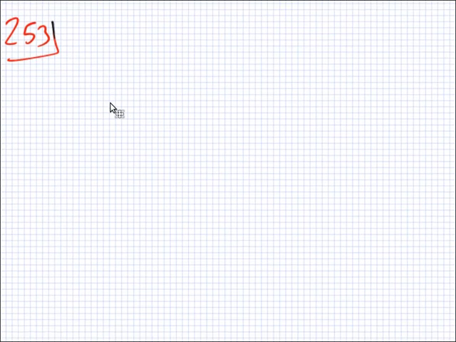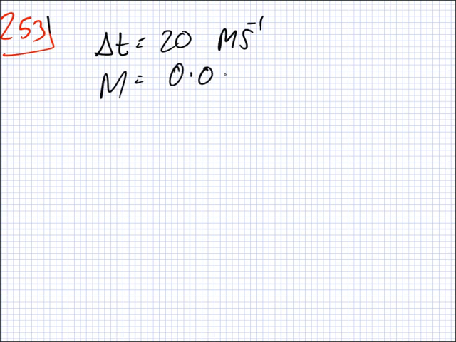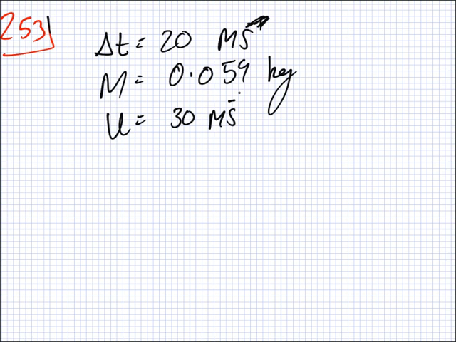A tennis racket is in contact with a ball for 20 ms. The ball of mass 0.059 kilograms leaves the racket with a horizontal velocity of 30 meters per second.